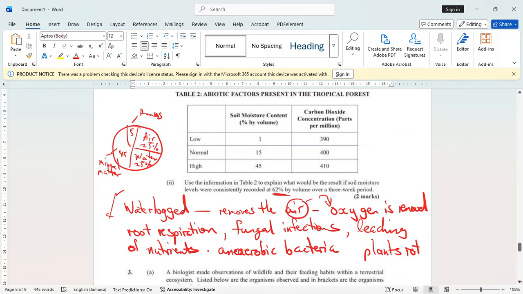So the roots of the plants that are there, other organisms that rely on oxygen to respire aerobically, they're going to die out because there's a lack of oxygen now in the soil. So we have the roots of the plants not being able to respire properly. So lack of respiration, lack of energy.